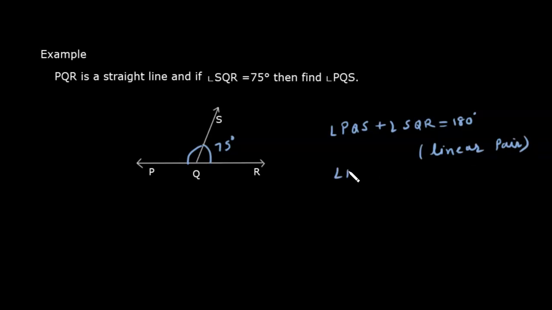Now we want to find PQS and this angle is given to us. So angle PQS is, we subtract 75 degrees from both the sides, equals 105 degrees. So this angle is 105 degrees. This is the answer. Let's do a few more examples.